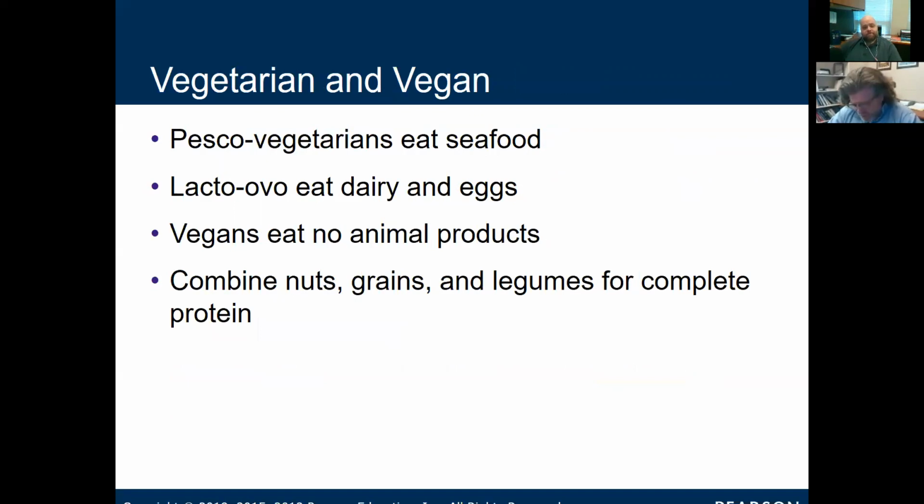We have a lot of people who are vegetarian, getting their food from non-animal sources. Vegans get their food in a way that no animals are harmed. And there's kind of a spectrum, because there are people like pescatarians who eat seafood. It's like, well, I'm a vegetarian, but I'll also eat shrimp and fish. Technically, you're a pesco-vegetarian.